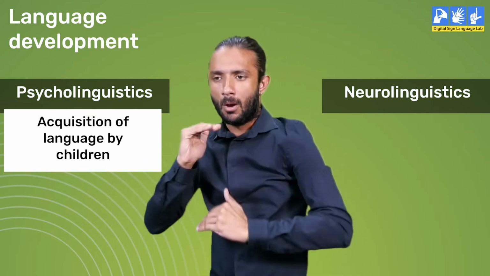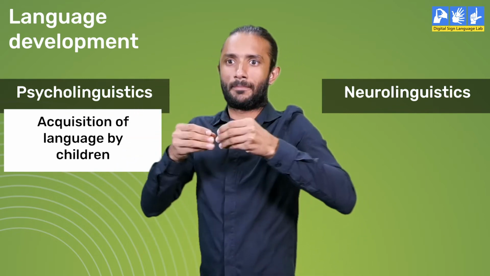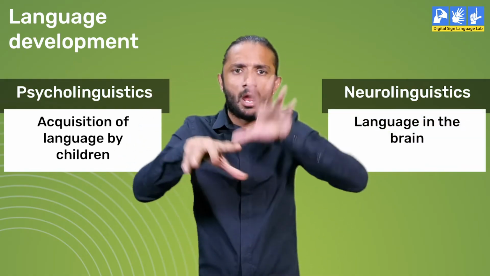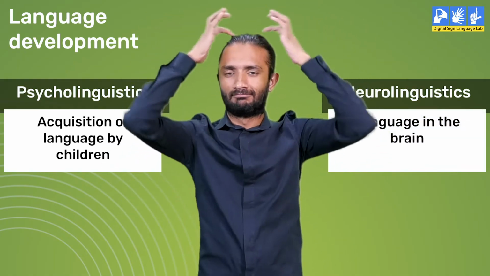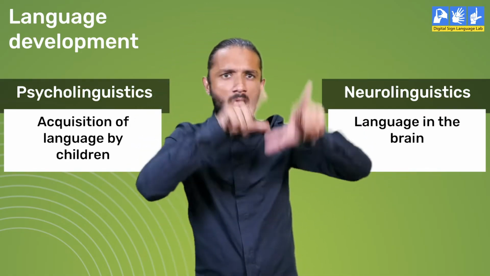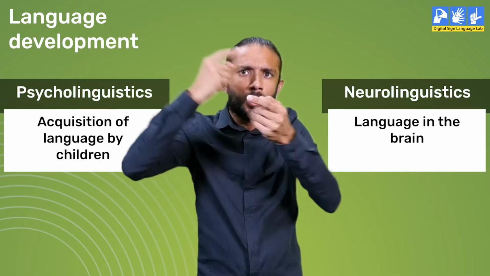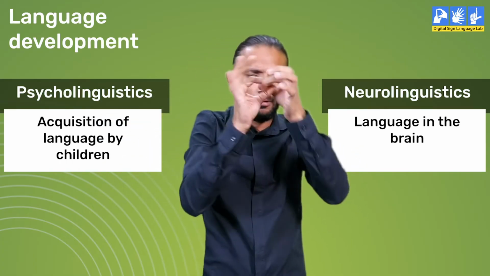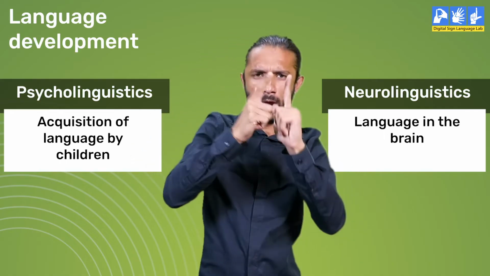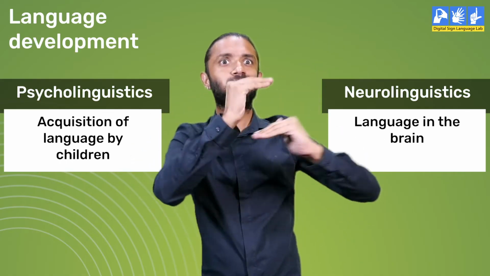The second group is neurolinguistics, which means language in the brain. There's an area in our brain that allows storing, processing, memory, logical thinking, development of thoughts, etc. in the brain. So these two groups come in the language development.